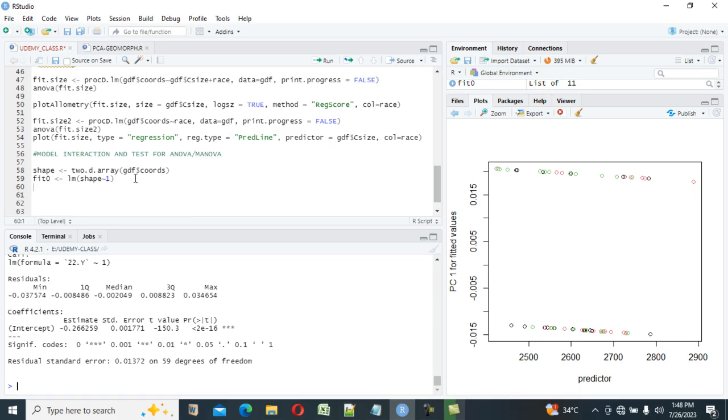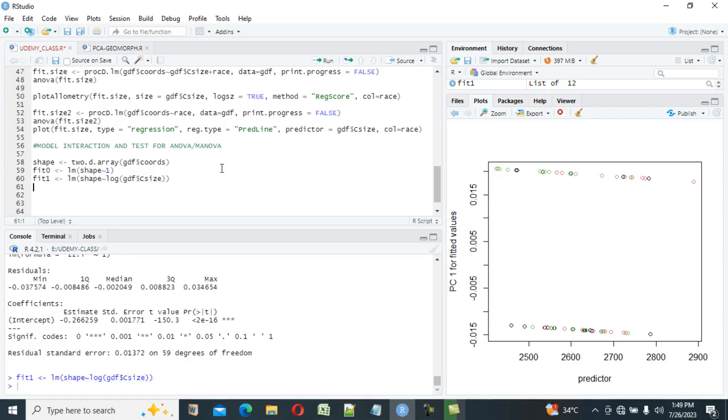Let's try and do more. Let's say we have a fit now, fit 1 equals LM shape. Let's now run it on our log size. Right, let's see what we have. Let me first see what we got.